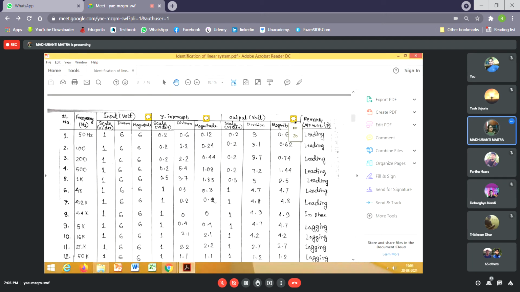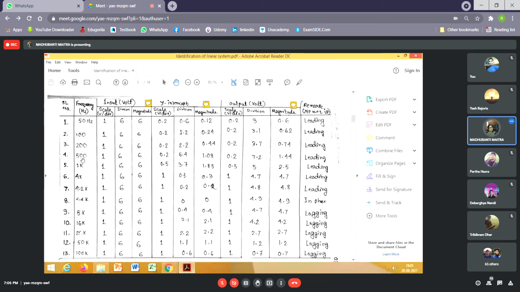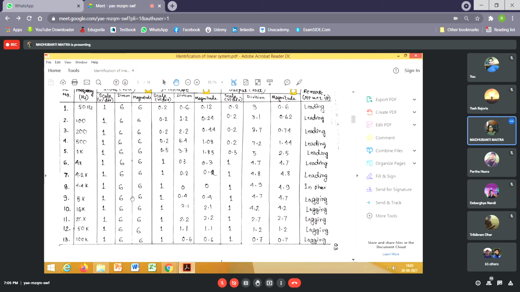Have you drawn the table? Yes, ma'am. Okay. Now in the frequency column, put these values: 50, then 100, then 200, 500, 1K, 4K. In the second column, write down these values having proper unit: 50 hertz, 100 hertz, 200 hertz, 500 hertz.